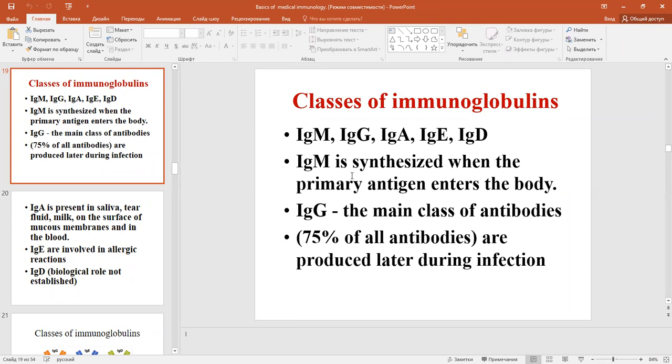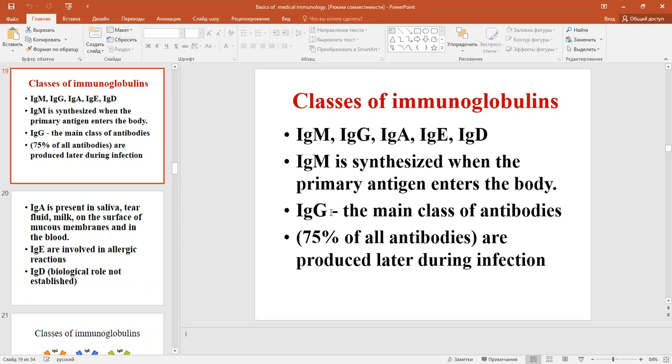Immunoglobulins M are produced, and they are able to react specifically with the antigen they are produced for, developing antibody-antigen complexes. And if antigens are not deleted from the human body, microbes are not eliminated, the immune system still produces antibodies of another class.